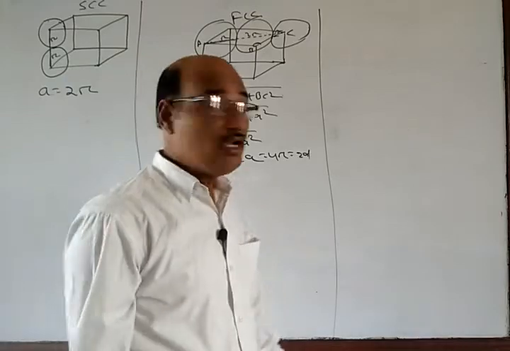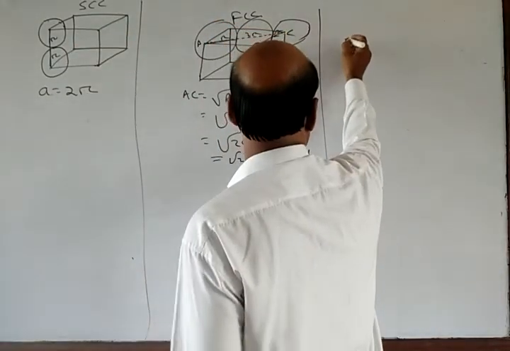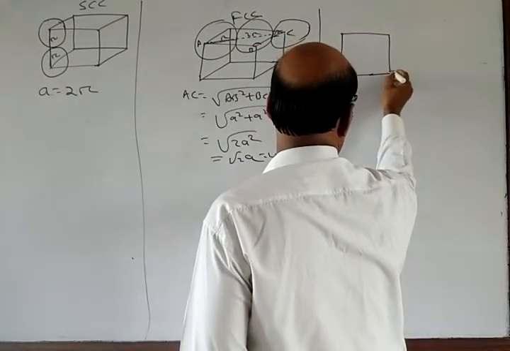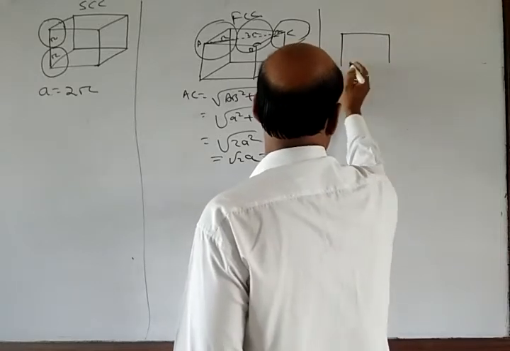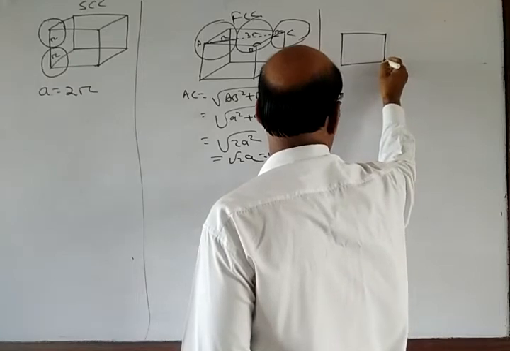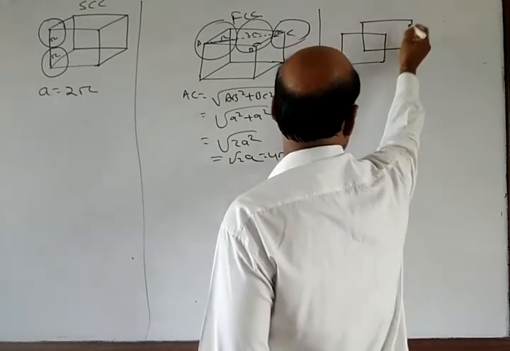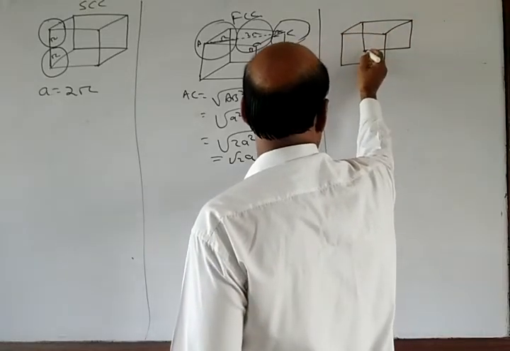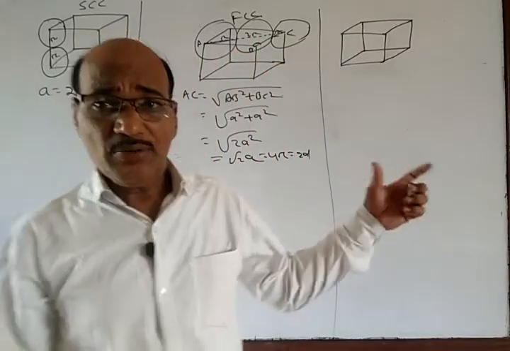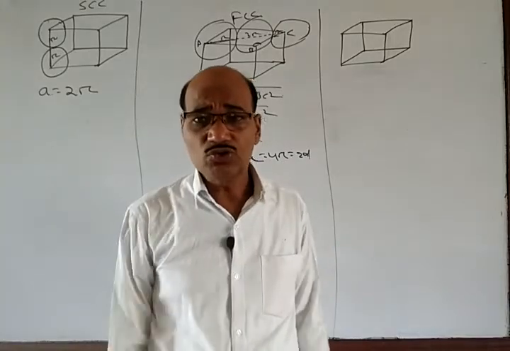Now if I take the body centered cubic unit cell, here also the same case happens. The atom present at the body doesn't allow the corner atoms to touch each other.